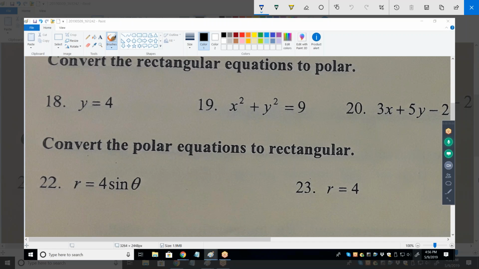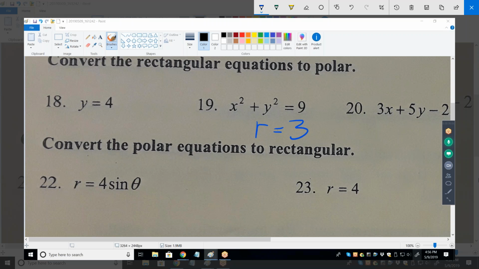Of radius what? Of 9. No, it's the square root of 9, so 3. In other words, the standard equation in rectilinear of a circle is x squared plus y squared equals the radius squared. So the radius is 3. So what is the polar equation of this? r is 3. Which is a circle.